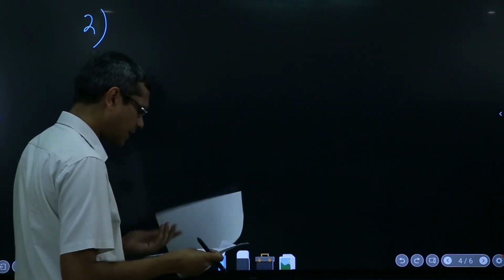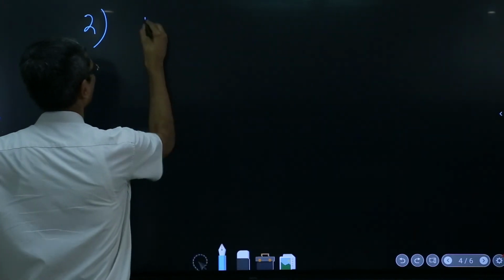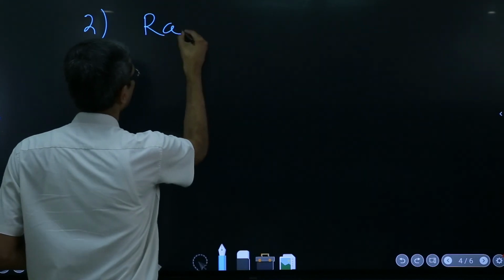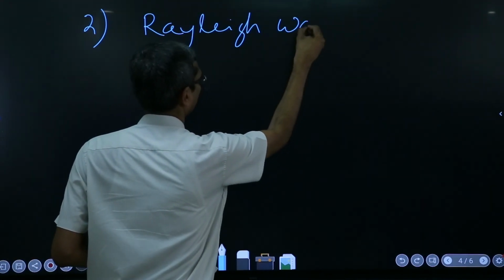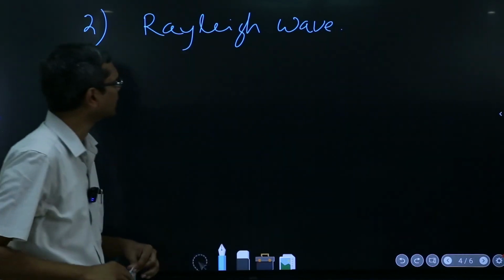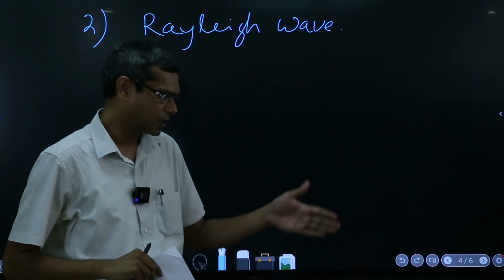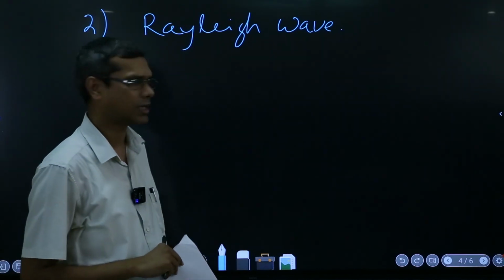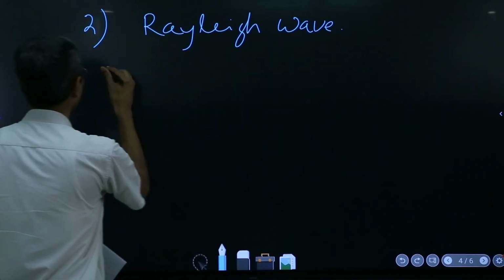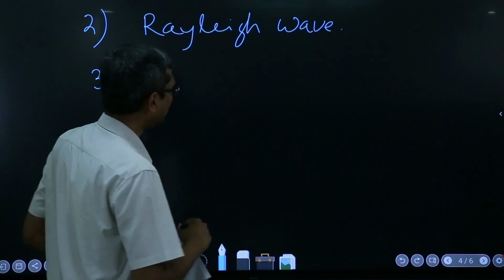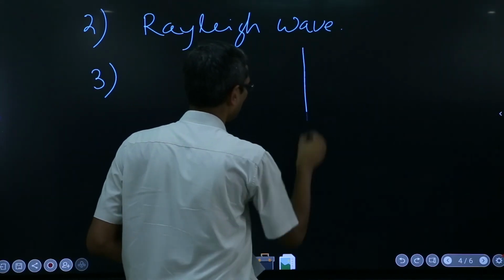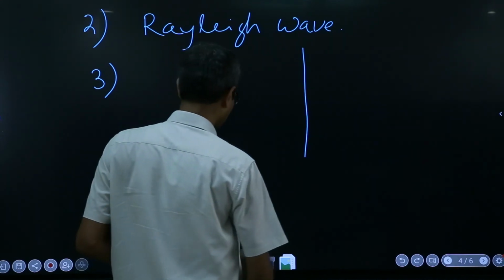So, that is the second case, and the third case is, so I will say this, it is a Rayleigh wave. So that type of transmission is called Rayleigh wave transmission, and the third one is of completely the most complex type.